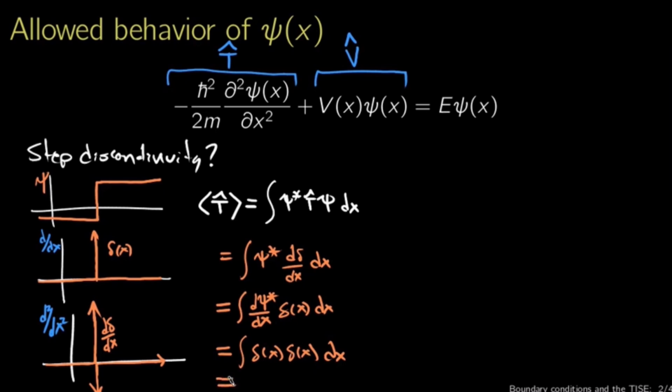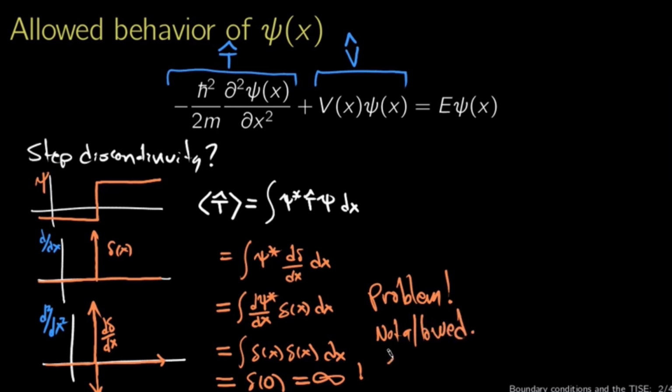So this is effectively going to give us delta of 0, which you know is infinity. This is a problem. The expected value of the kinetic energy being infinity means that whenever I observe this particle, I could get an infinite kinetic energy. That's a problem. So this is essentially not allowed. What that means is that psi is continuous.